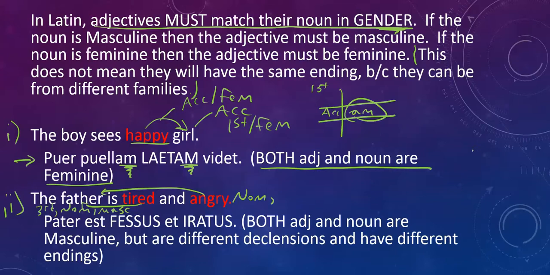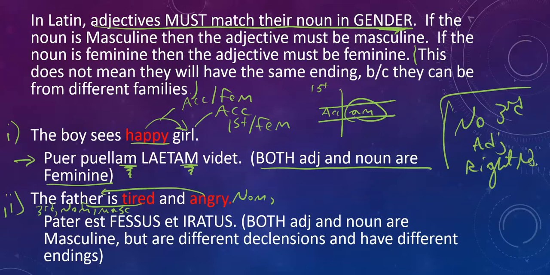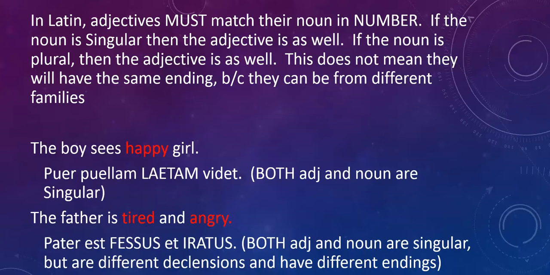We know that because right now there are no third adjectives. But they can be masculine if we can use second declension. And we can. So that's what we did. So both adjectives and nouns are masculine and nominative. They just look different because they're different families.